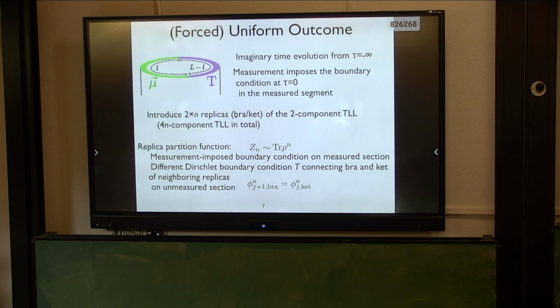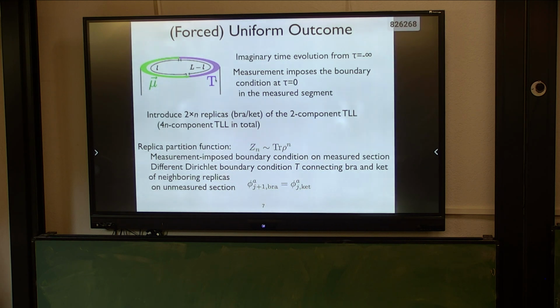So we introduce n replicas, which means that in total we need to consider a 4n component free boson conformal field theory, because 2 from chain 1 and chain 2, and 2 from the blanket, and then we need n replicas, and each replica contains 4 components. So we have a 4n component free boson field theory.